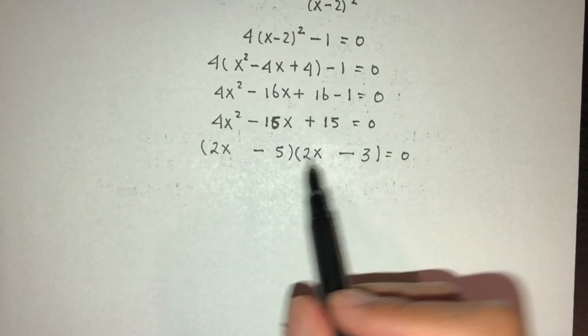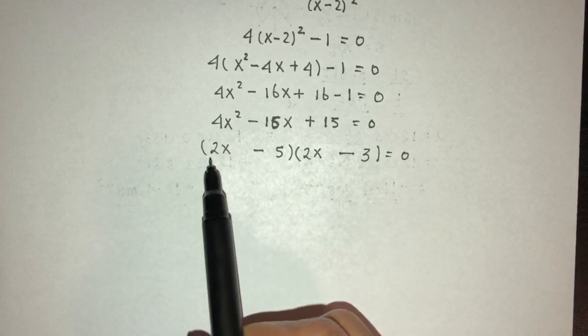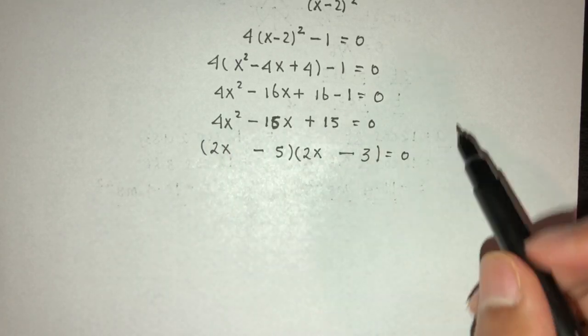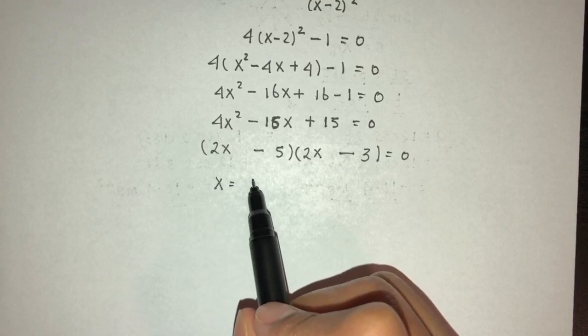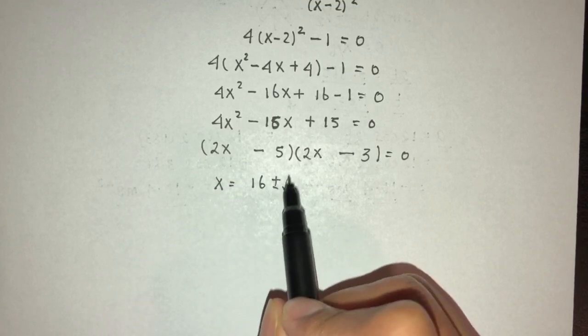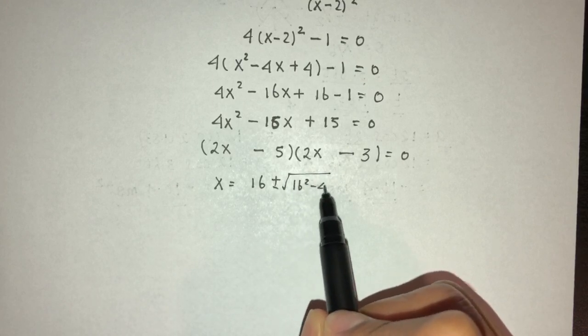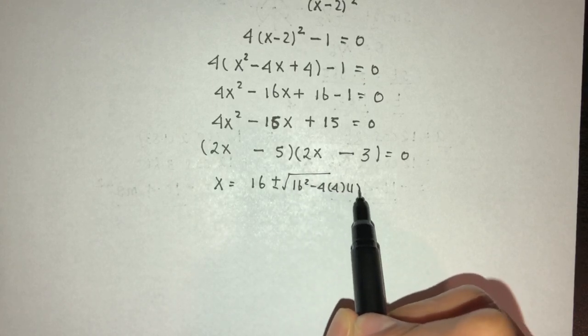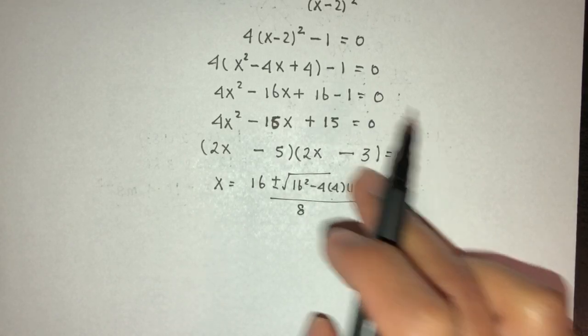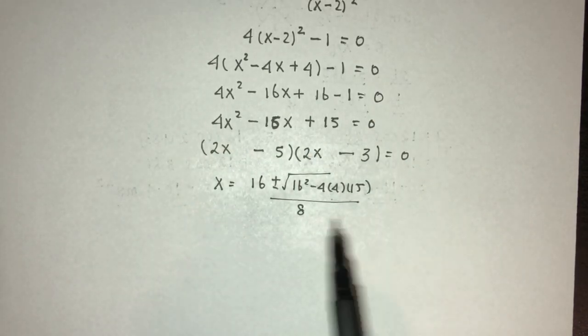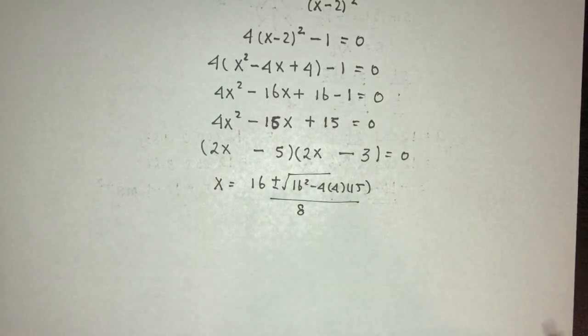So that is the correct factorization. If you guys don't know how to do this, you can always use the formula, which is x is equal to minus b plus minus square root of b square minus 4 times a times c divided by 2a, which is 8. You can always use this to find the values of x if you don't know how to factorize properly.